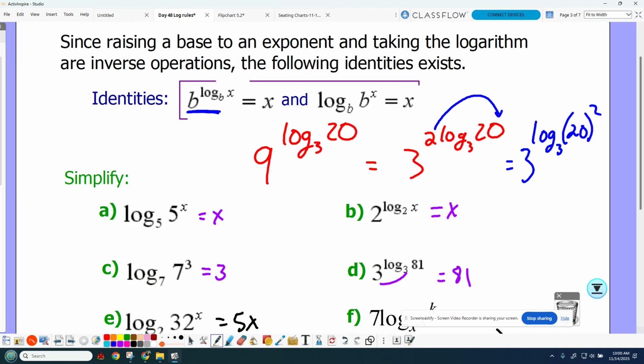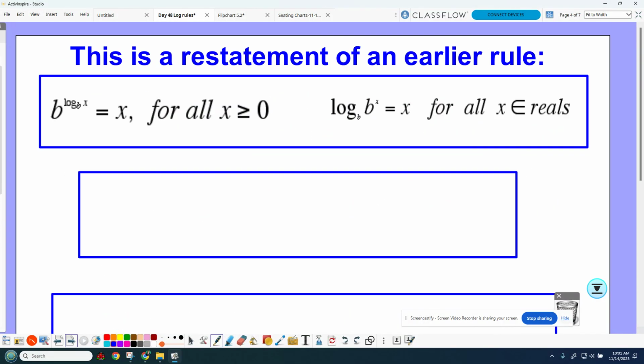Now they match. Now I can cancel these out, and it's 20 squared. What's 20 times 20? 400. Okay? All right.